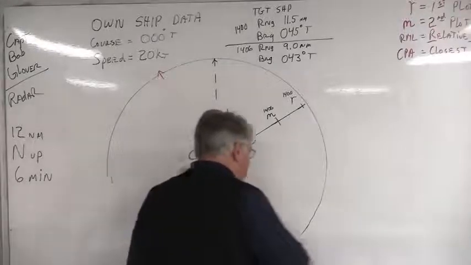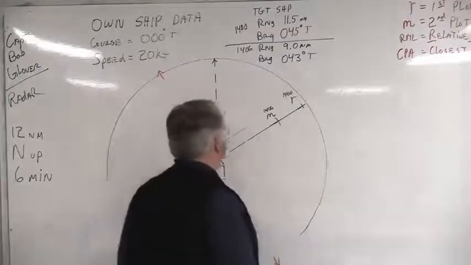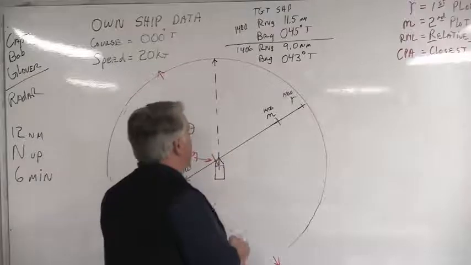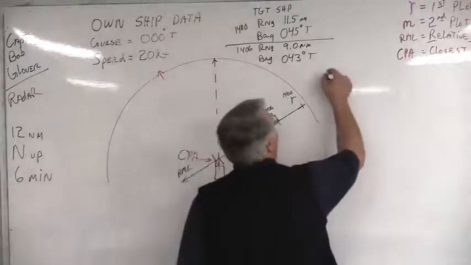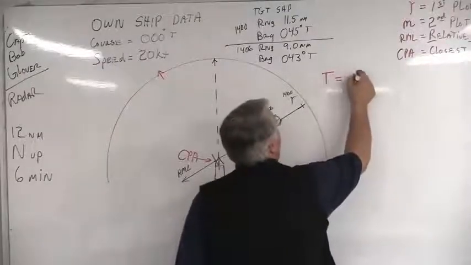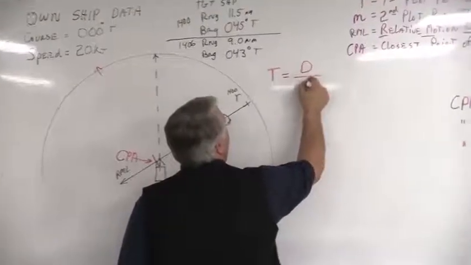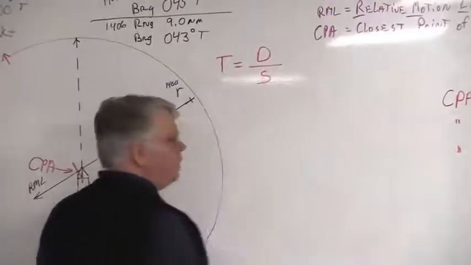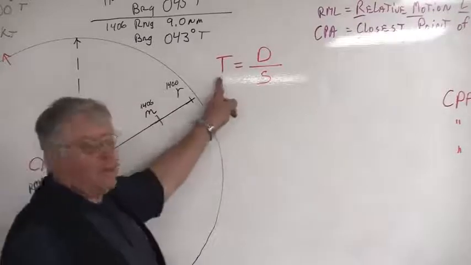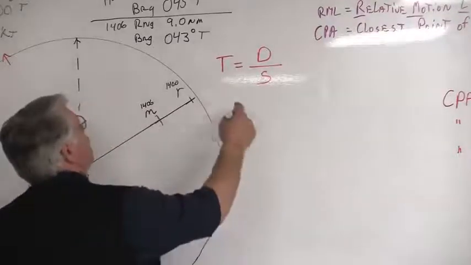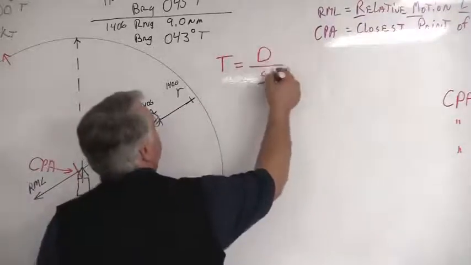The first thing we have to establish is, in order to figure out the time of CPA, let's look back at our formula. Time is equal to distance divided by speed, isn't it? Okay? So we're looking for time, aren't we? Now we have to take and find distance and speed.